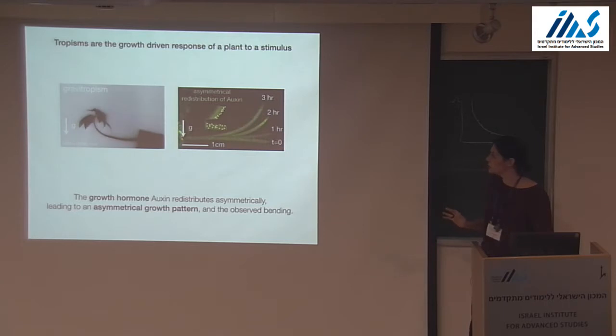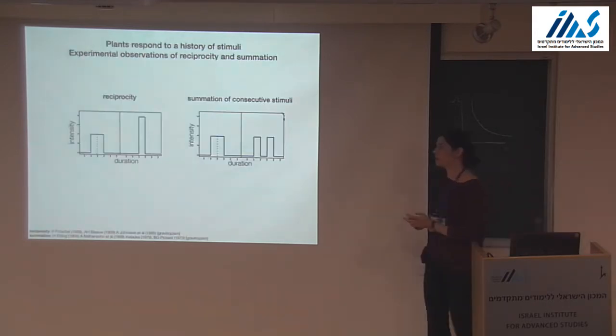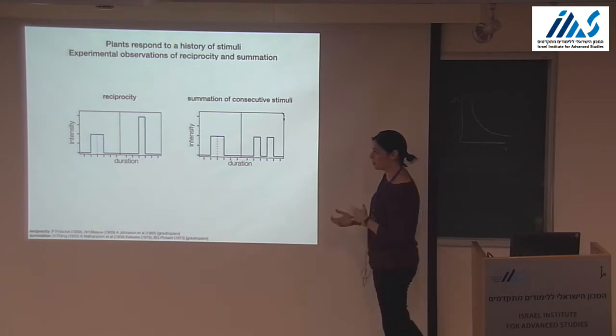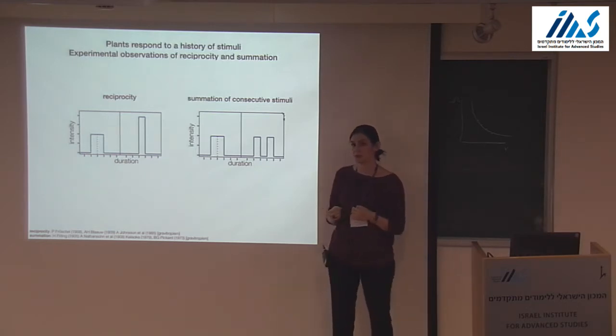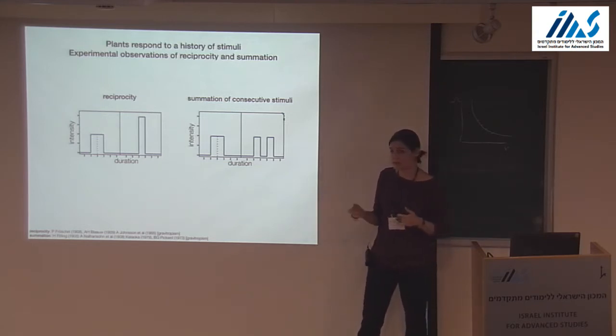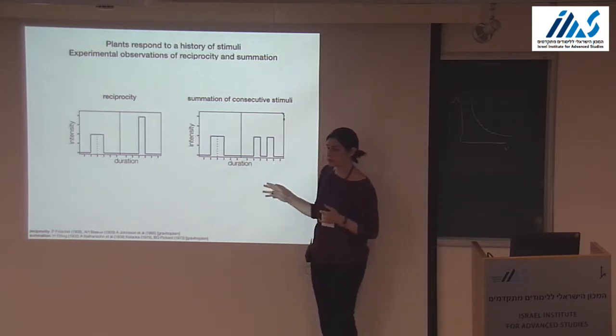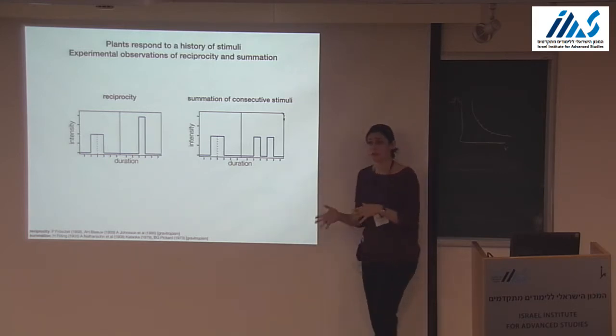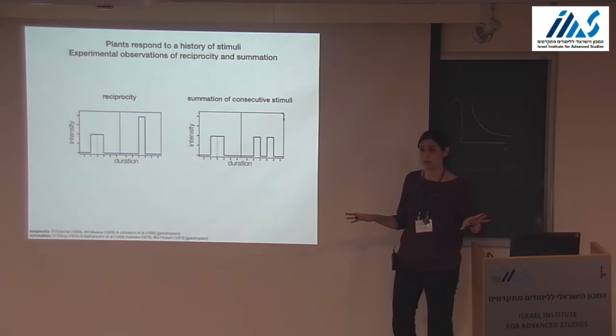Okay, so the interesting thing is that more than 100 years ago, by now, there have been observations showing that plants do not respond instantaneously, but rather to a history of stimuli. And particularly, there are two classes of experiments, and this is both for phototropism and gravitropism, so completely different sensory systems.